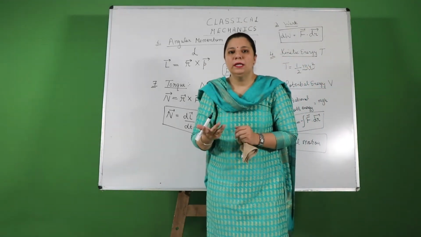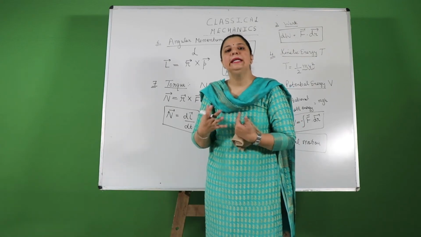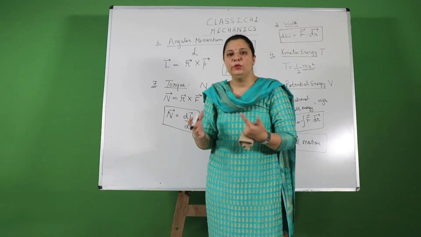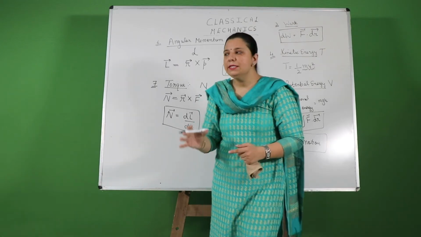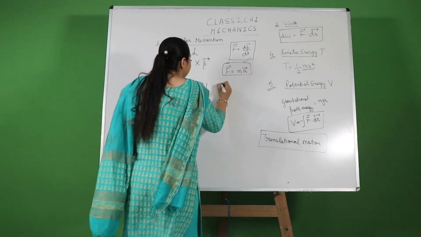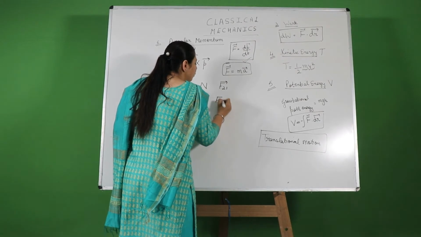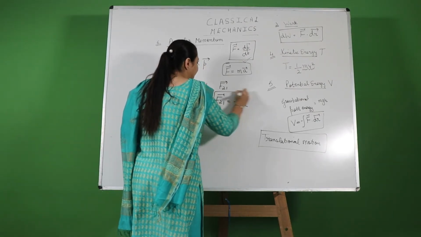What is the third law? The third law states that to every action there is an equal and opposite reaction. For example, if there are 2 bodies, 1 and 2, and the force which the first body exerts on the second is given as F21, then F21 will equal minus F12.